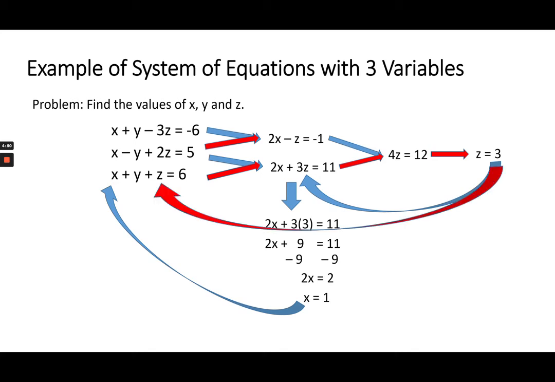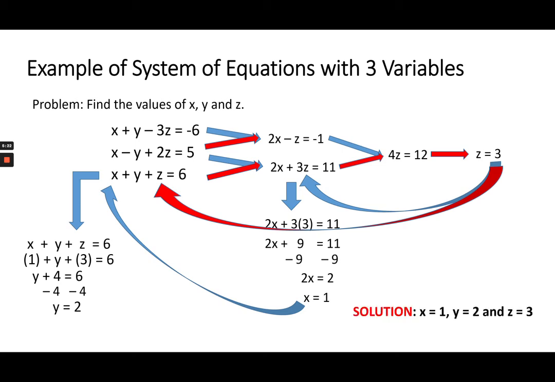You are left with one unknown, so we are able to find the value of y. We will just simplify. 1 plus 3 is 4. Subtract 4 on both sides, and you found your last variable. Y is actually 2. And now you can write your solution. The values of x, y, z are: x is 1, y is 2, and z is 3.